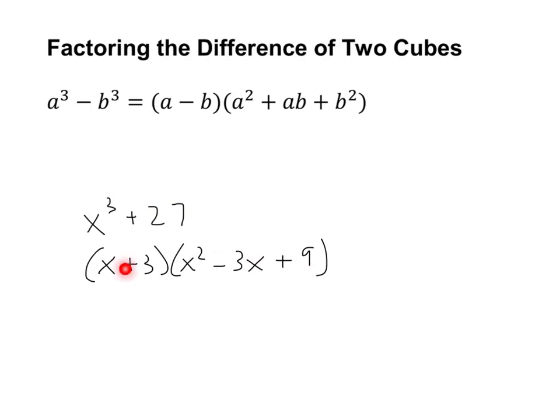So this is the factored version of this. These two are equivalent because these two things would multiply to get back to this. I didn't show you how to do that. I just wanted you to see where we're going.